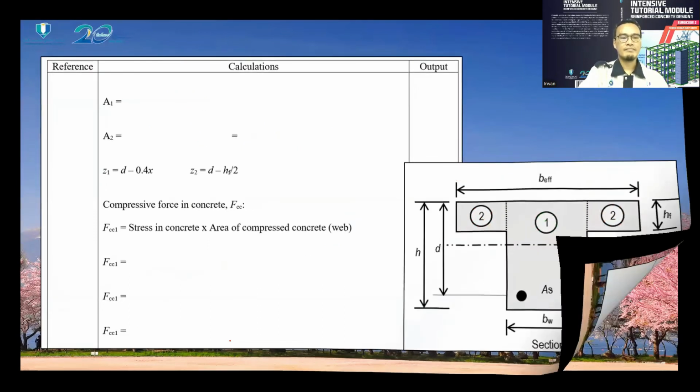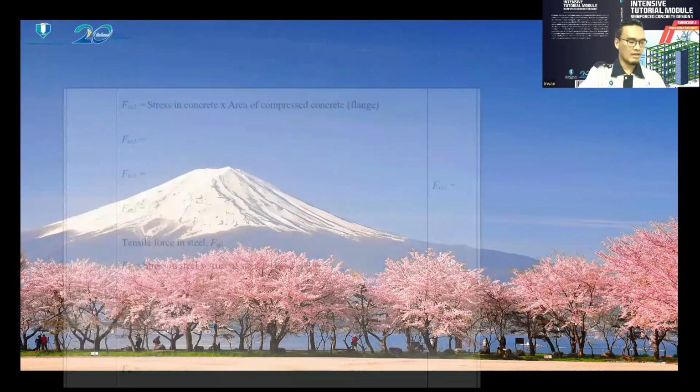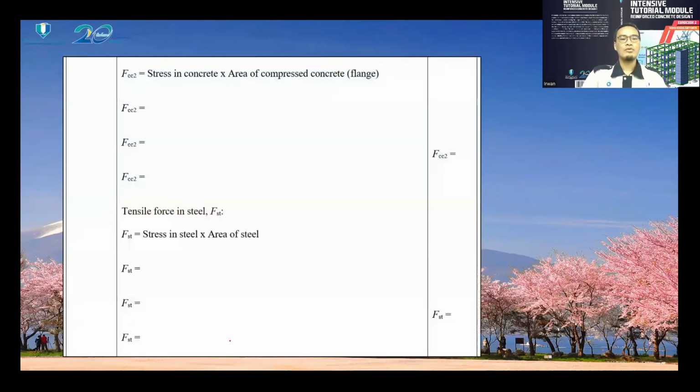Next, we calculate FCC2, which is the compression inside the flange. The stress in concrete is 0.567 fck, multiplied by b effective minus bw, times hf.